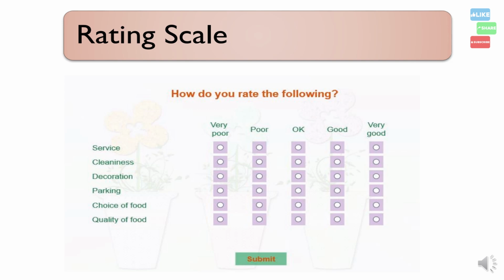There are some questions like how is the service of the organization, what about their cleanliness, their decoration, their parking, their choice of food and quality of food. And you have your own opinion, like it is good, very good, poor, or very poor, or it is okay, and you can easily submit the questionnaire.